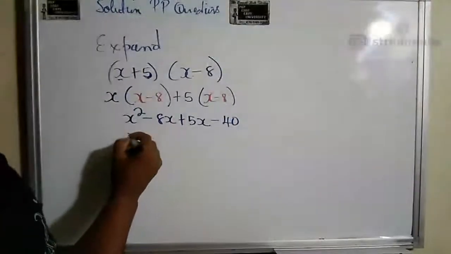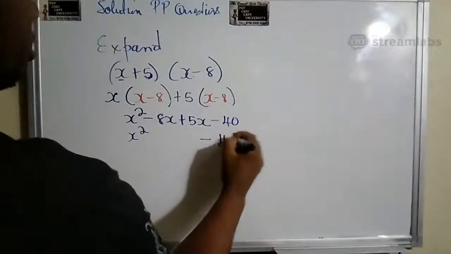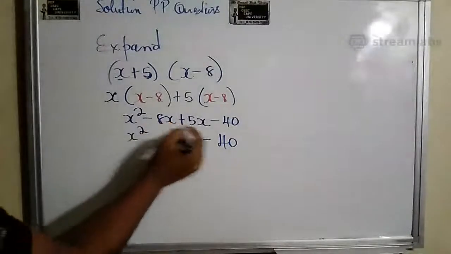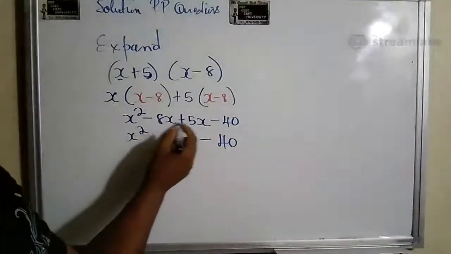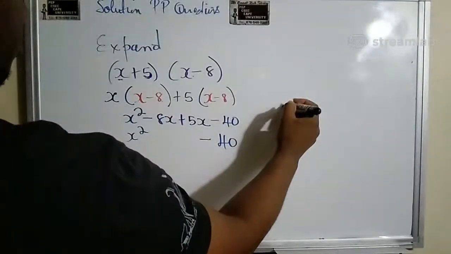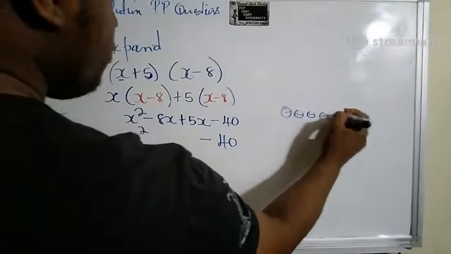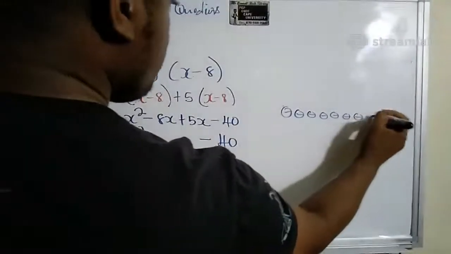So these are unlike terms, so these are going to remain the same. Only these in the middle will change. So negative 8x plus 5x is the same thing as this: 1, 2, 3, 4, 5, 6, 7, 8, and plus 5.